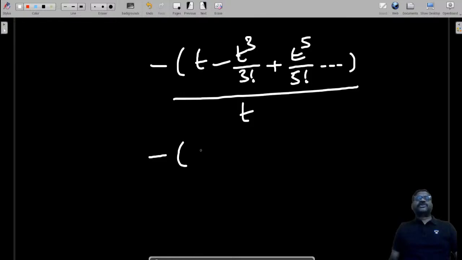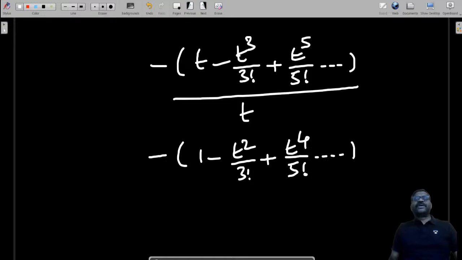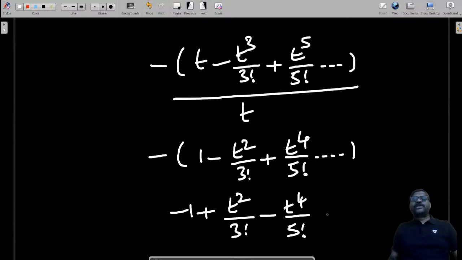That is minus of 1 minus t square by 3 factorial plus t power 4 by 5 factorial and so on, that is minus 1 plus t square by 3 factorial minus t power 4 by 5 factorial and so on.